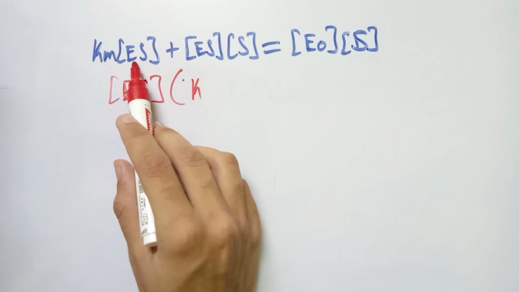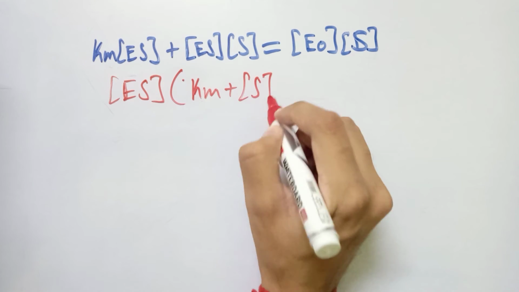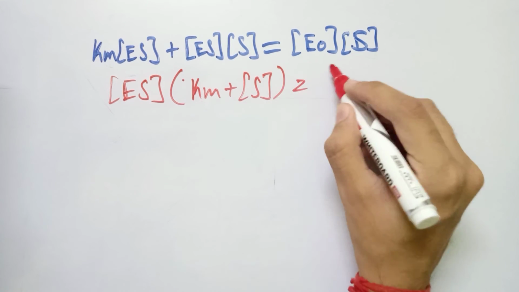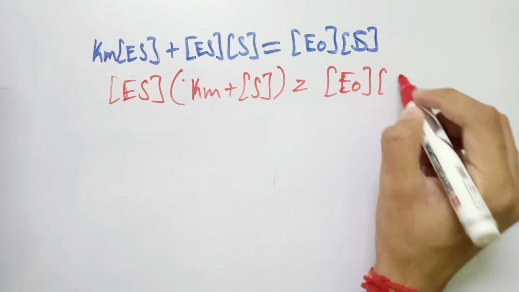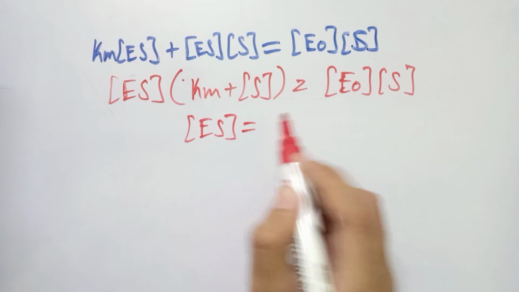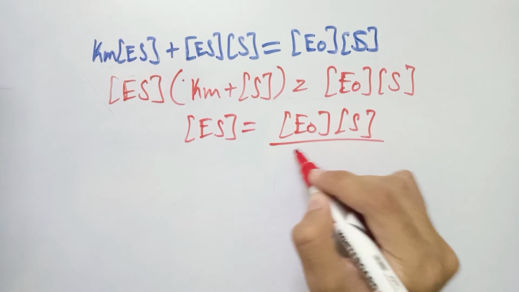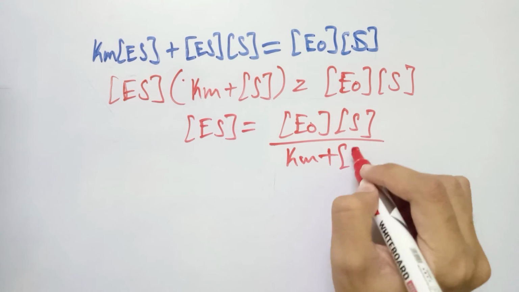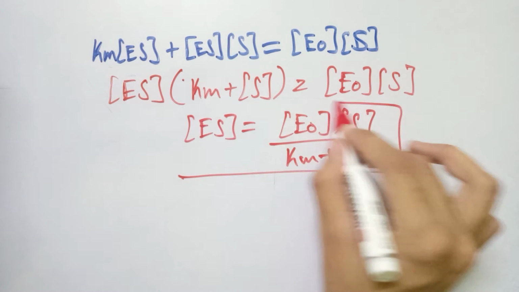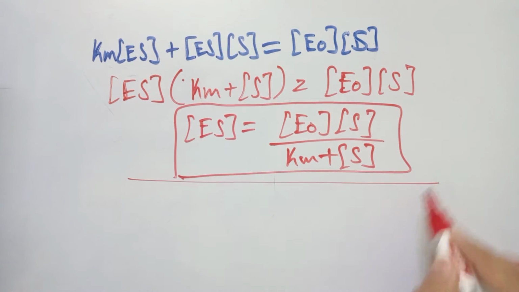Now we can take the enzyme substrate complex as common, and now this will come as this. Now the enzyme substrate complex value will be equal to this. Now we have got the enzyme substrate value, so this comes out to be this.